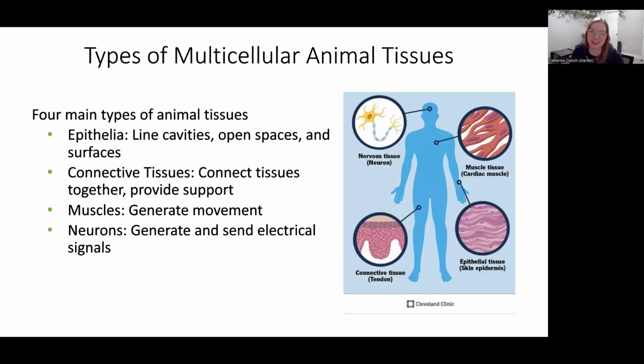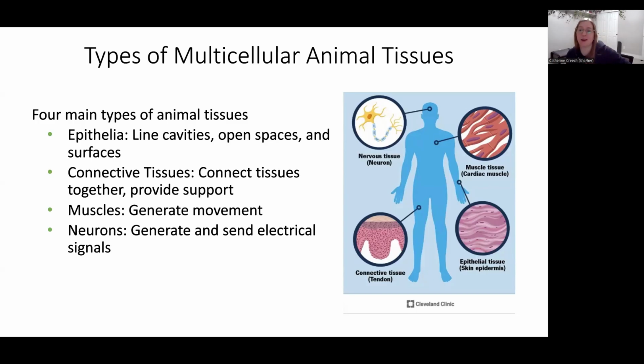Now we get into tissues. We have four main types of tissues that we use. We have epithelia, which is going to line everything. It's your skin on the outside, but it's also your mucosa membranes on the inside. Think about your mouth through your throat, all the way through your digestive tract. We also have epithelia lining our organs.